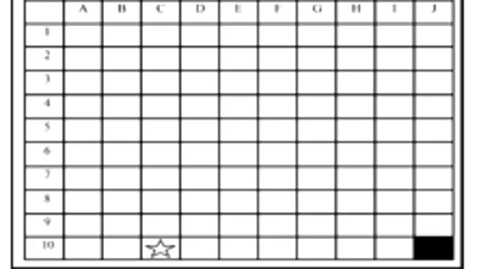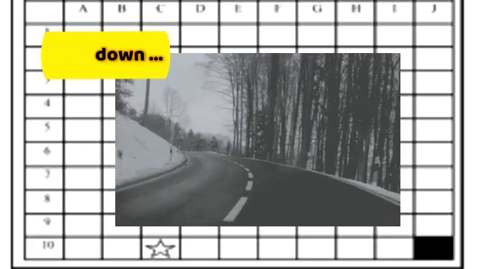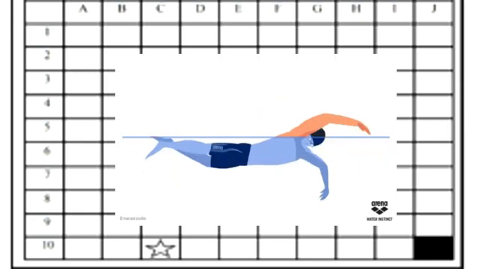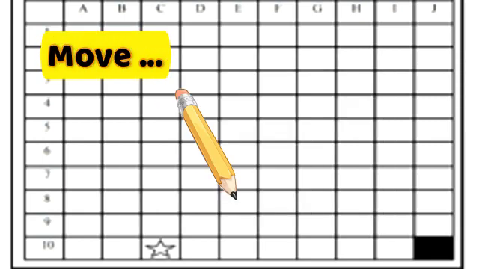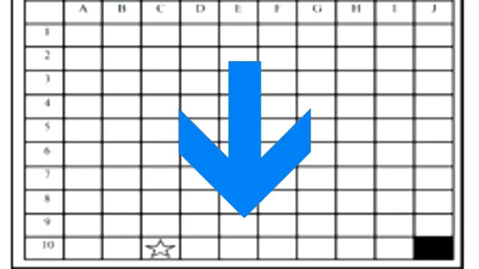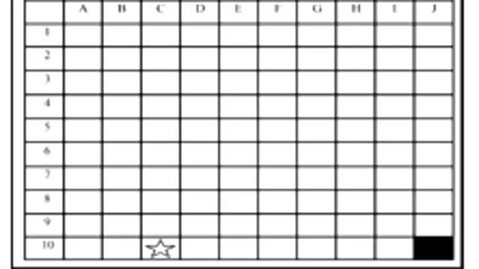After breakfast, you head down a winding road to your first activity, swimming. Move your pencil down 3 spaces. To the left, 5 spaces. And down 2 spaces.